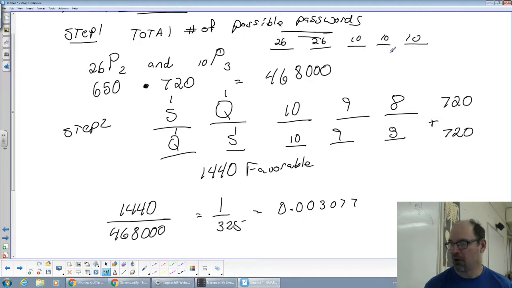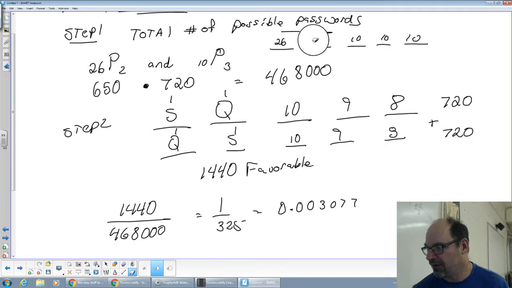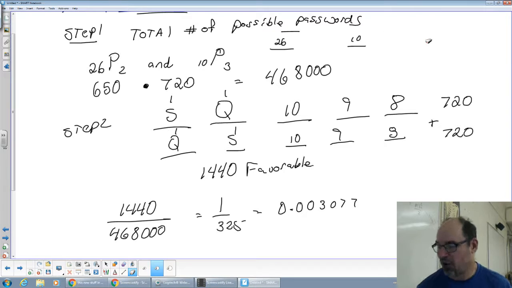oops, I'm wrong. Sorry, I guess it says we cannot repeat them, so I have to change these down here. I forgot, there's no repeat. So this one has to be a 25. Don't want to lead you down the wrong path here. So these ones have to count down because we can't use the same letter twice.